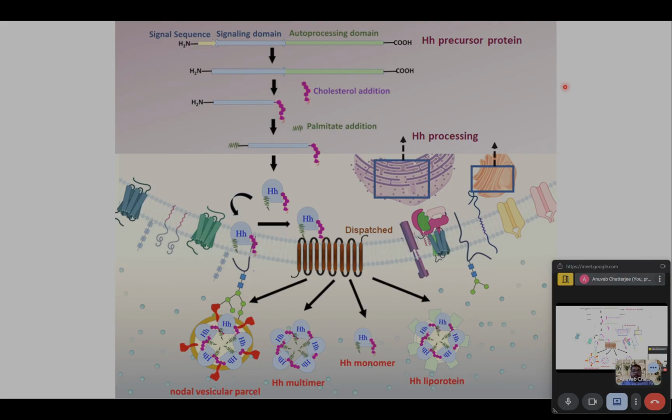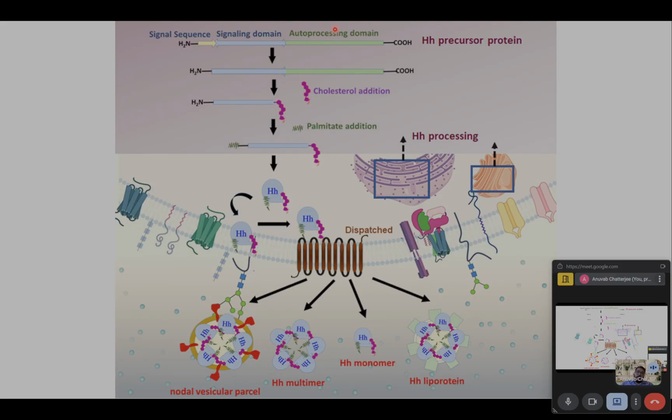The Hedgehog ligand is a bit different and interesting compared to the other ligands, which are mostly hydrophilic proteins. So what does the Hedgehog ligand look like? Hedgehog actually forms as a precursor protein first, with a signal sequence, a signaling domain, and an auto-processing domain.